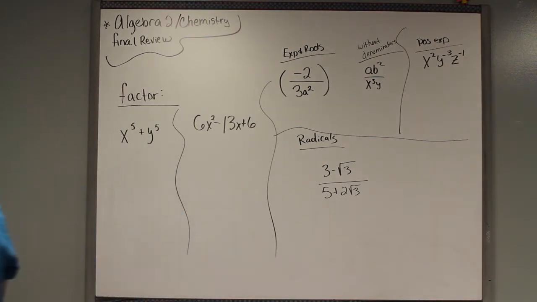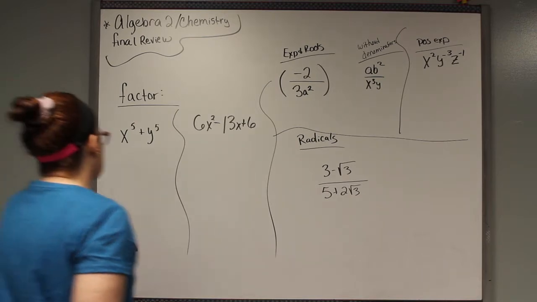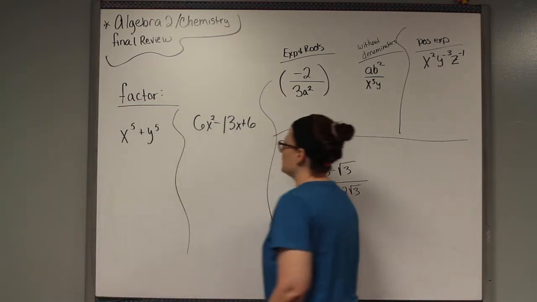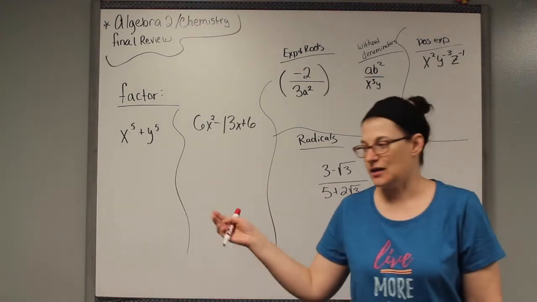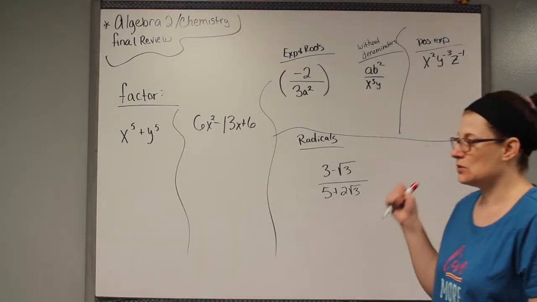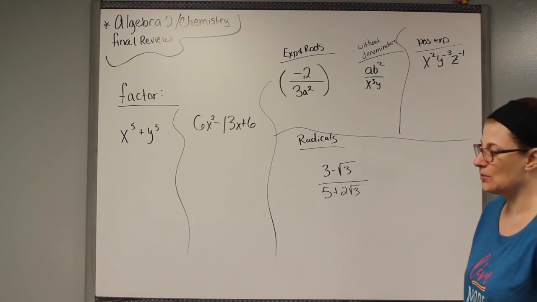Factoring. There are two types of factoring that are, I guess, more difficult, so I wanted to remind you how to do them. This one has higher exponents, and then there's the hard trinomial. Again, go back and look at videos or the earlier pages.